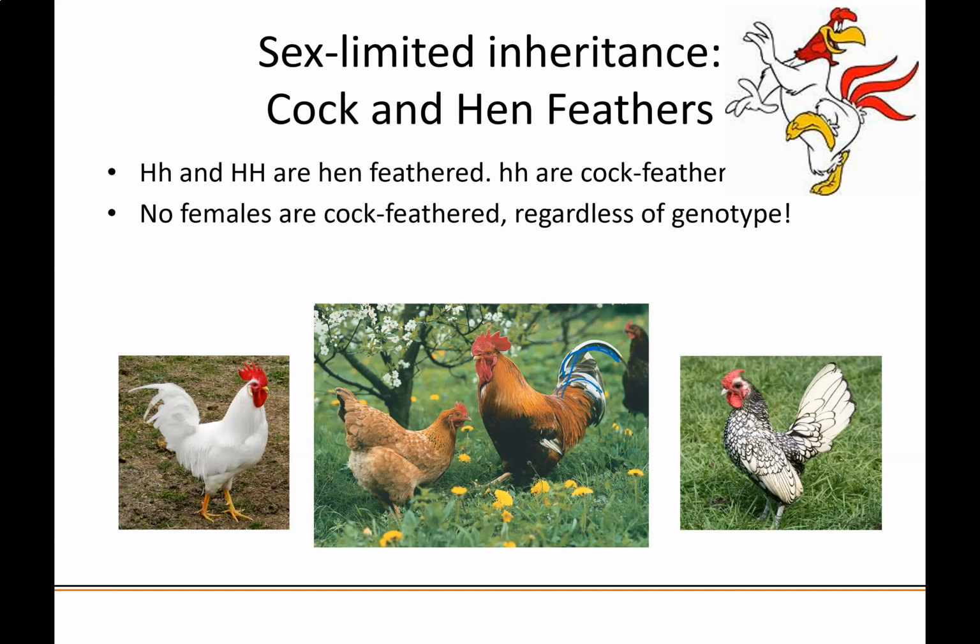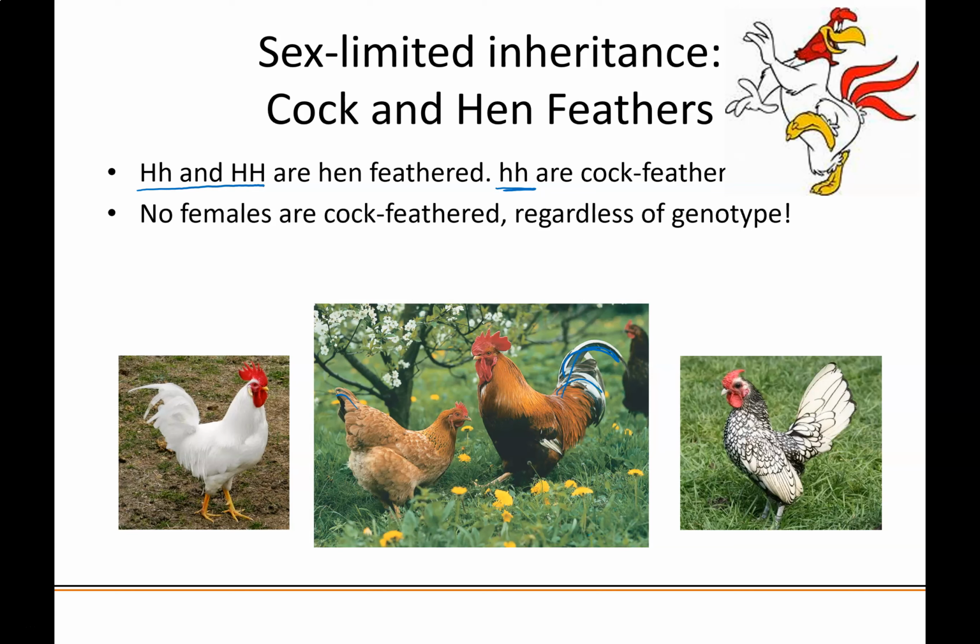They're flashier, they're longer, they're more curved, and on this hen they are shorter, not quite as prominent, not quite as showy. So they're less curved, they're a little bit smaller. So individuals that are heterozygous or homozygous dominant are going to be hen feathered, whereas individuals who are homozygous recessive are going to be cock feathered.